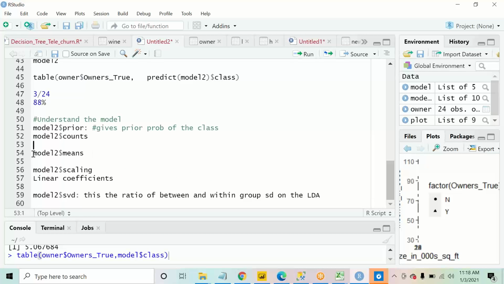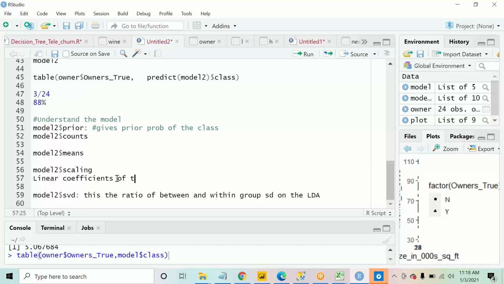So what this model does is it identifies the prior probabilities, right? What was the probability of yes and no before the model gets created. Then it gives you the count and the mean values. So what is the mean of the variable?